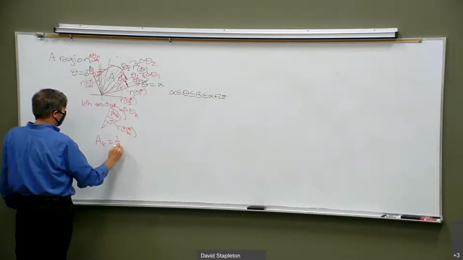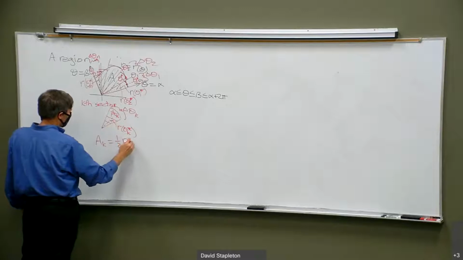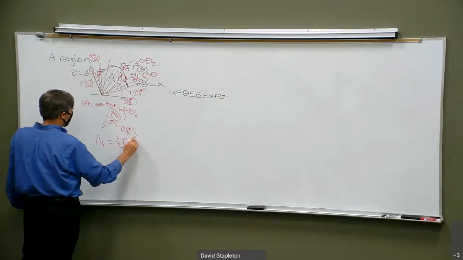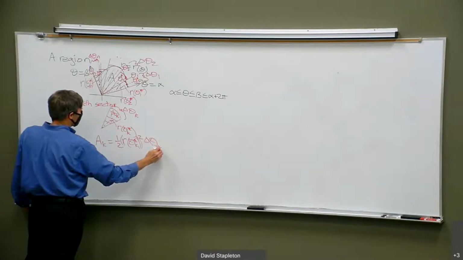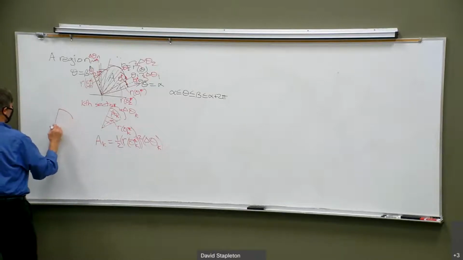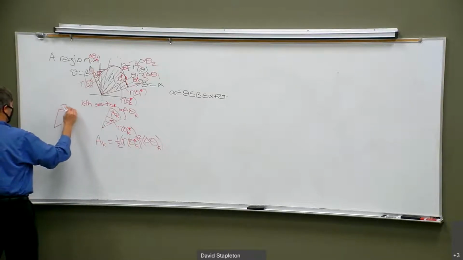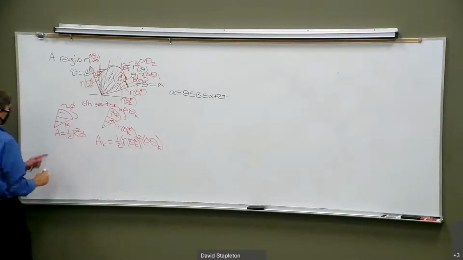is equal to 1/2 r squared. Well, the radius is r of theta k star, times the angle subtended. That's from our area in geometry, where if you take an angle phi and a radius r, the area is 1/2 r squared phi.